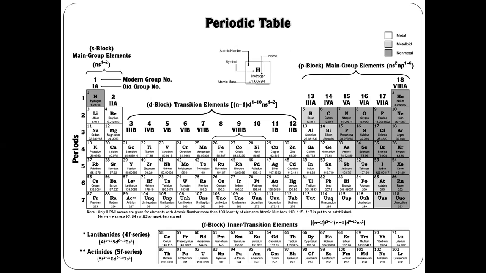Since the valency and the configuration are the same, the properties tend to repeat. And that is what we call chemical periodicity.